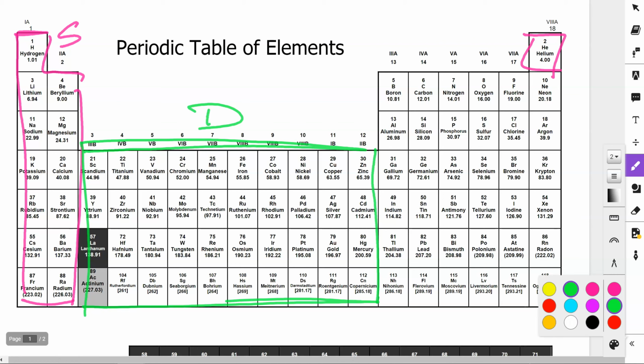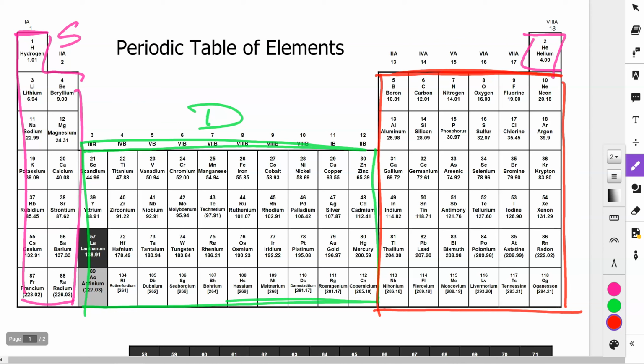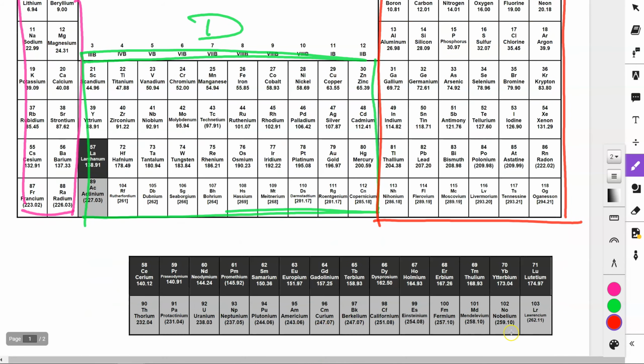And then over here on the right side, if we go down there, over and back up, this rectangle is going to be the P block. And then at the very bottom of the periodic table, although we just don't use this that much, we're going to have our F block. So down here, this is our F block.